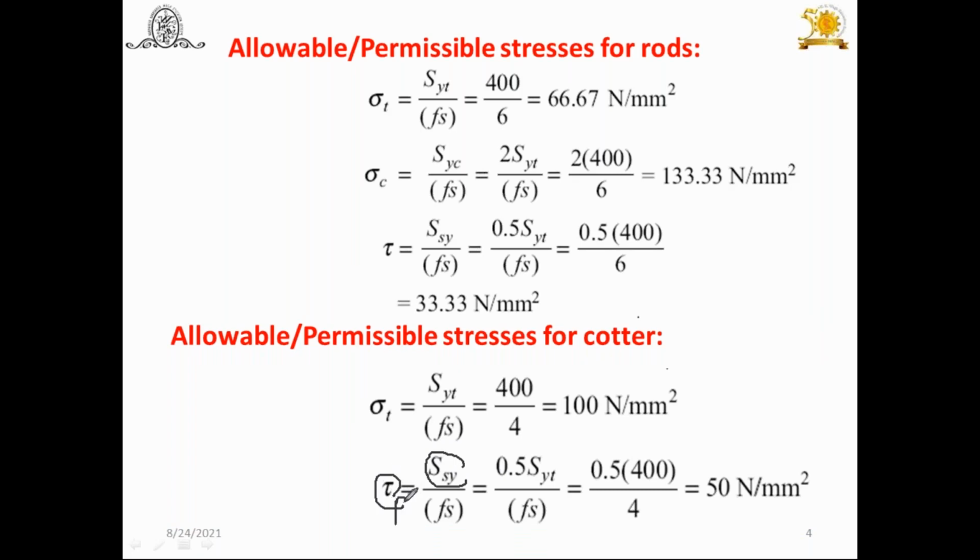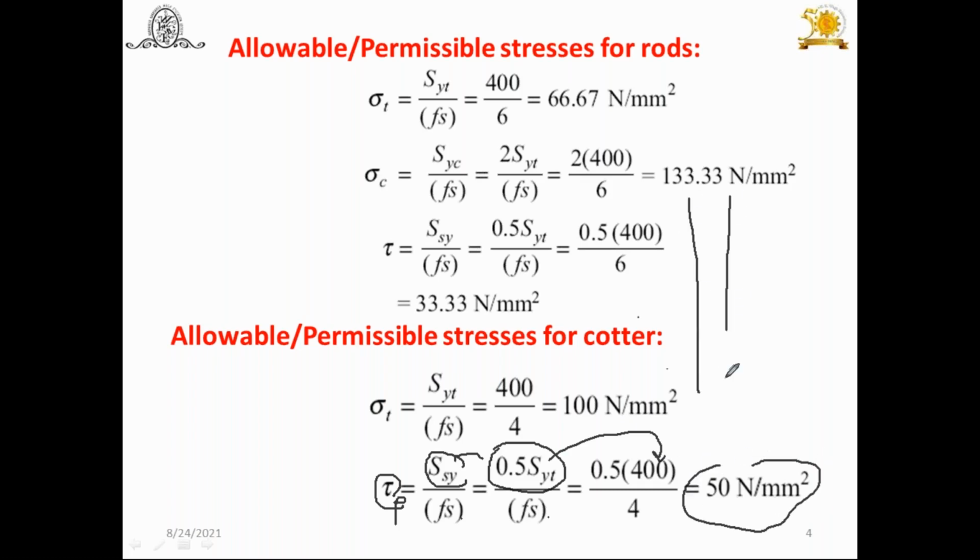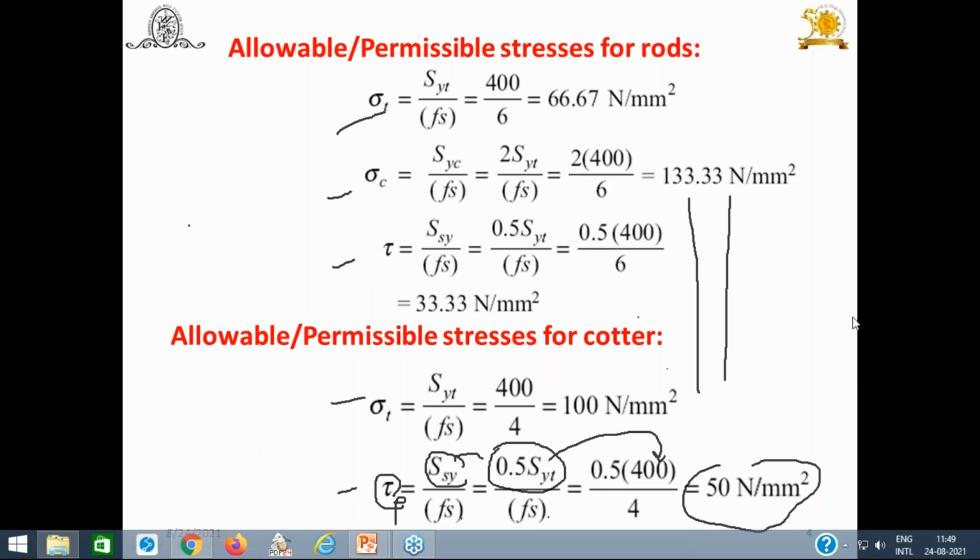The tau permissible for the quarter is equal to SSY, the shear yield strength, upon FOS, and again according to maximum shear stress theory it is 0.5 SYT. The SYT again is 400, you will get 500. Once you know these permissible stresses, we have to use these values in design to find out the dimensions of the spigot and the socket.